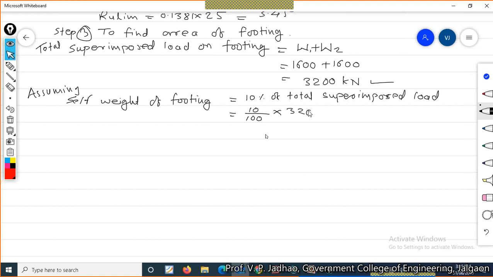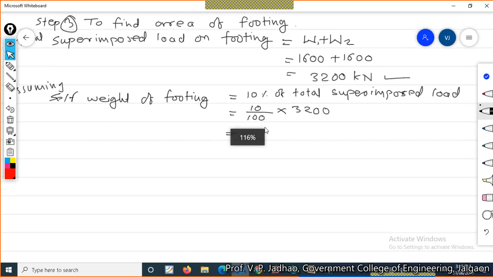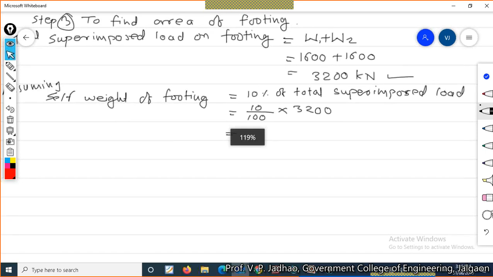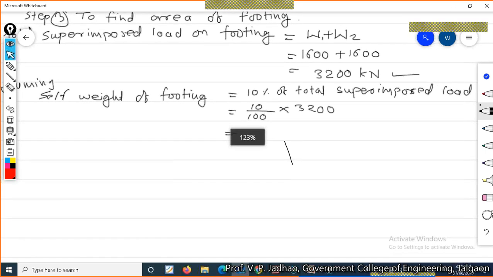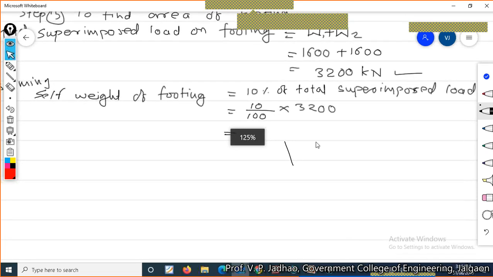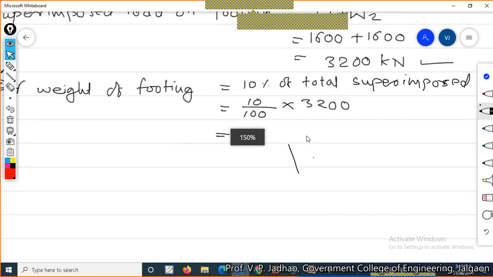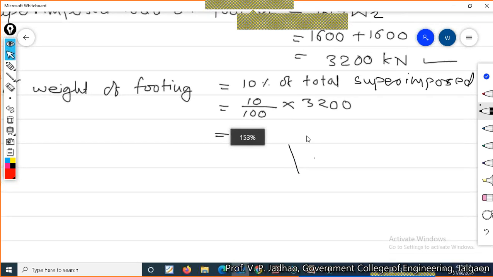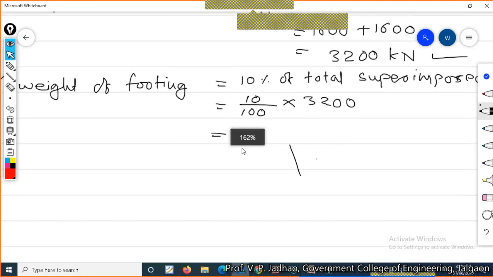So the self weight of this footing will be equal to, how much is that?